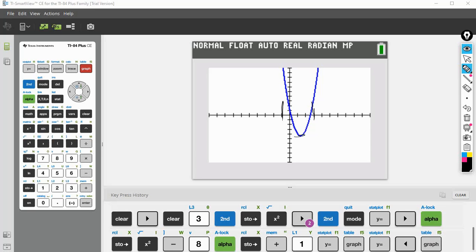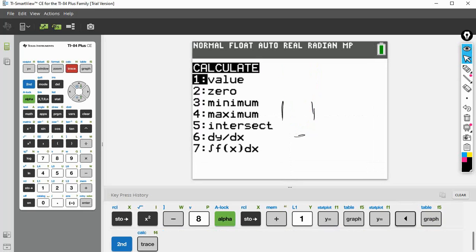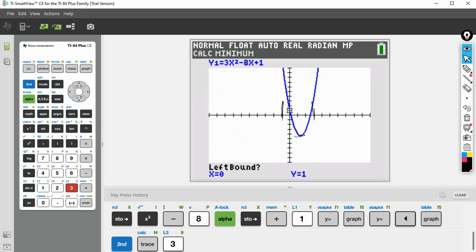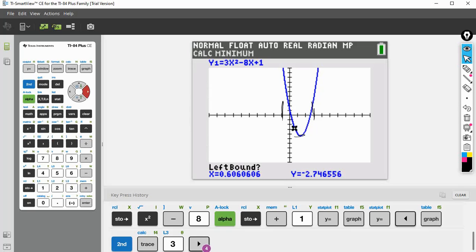For that, we do the same thing we did last time. It's simply use the trace function or use the calculate function that is on top of trace, but in this case number 3, which is a minimum, and then left bound, so we go near where we think the minimum is, and click enter. Right bound, we got to move a little bit to the right of that, click enter, and guess, yes, enter, and there it is.